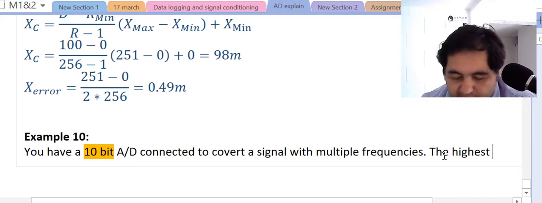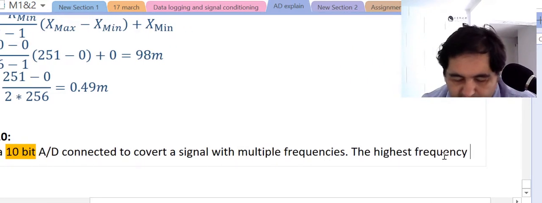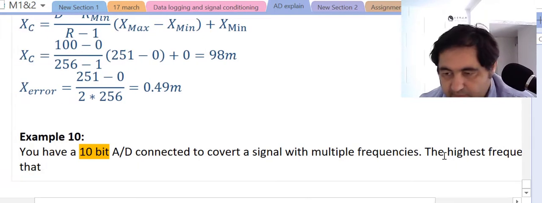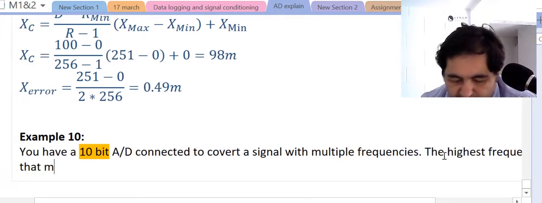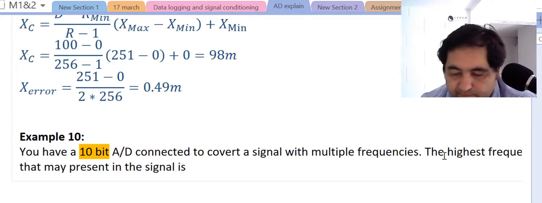The highest frequency that may be present in the signal is, for example, 1 kilohertz.